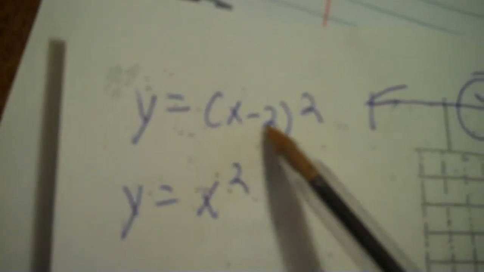Now minus 2 is in the parentheses, so it's left, right instead of up, down. Now minus 2, you'd think this way, but it's the opposite of minus 2, so you go to the right. Okay, so we translate it right 2, labeled as 0, 0. So right 1, 2. And now it's at 2, 0, which makes sense because if I substituted 2 in for x, 2 minus 2 is 0 to the second power 0.